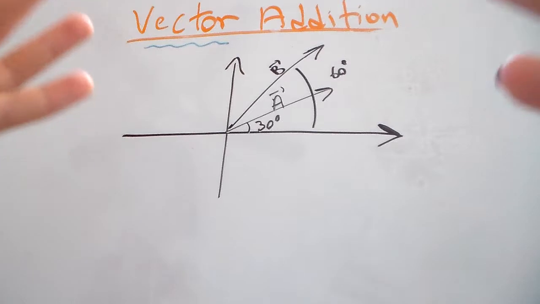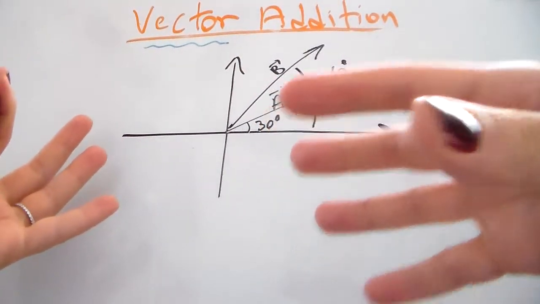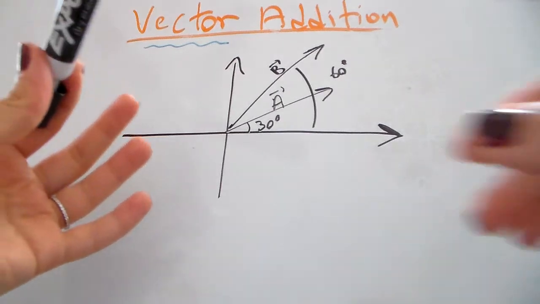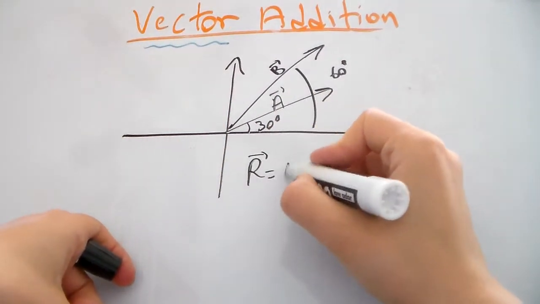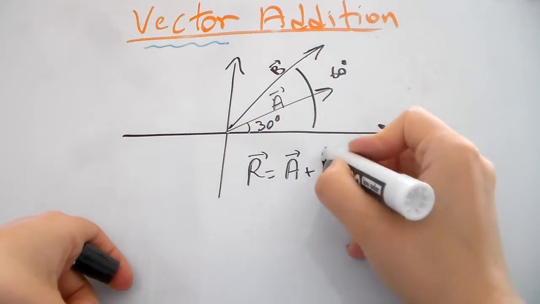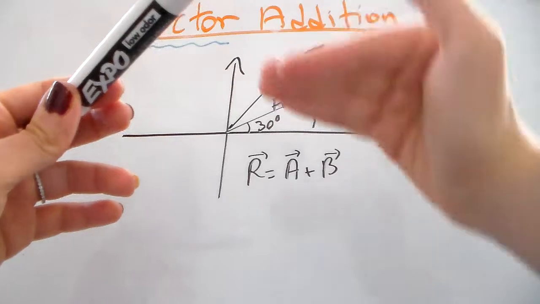Now let's apply our knowledge from the previous video and get the vector addition A plus B done. So R is what I'm trying to get to. I want to see what R is if I know A and B and how tilted they are.